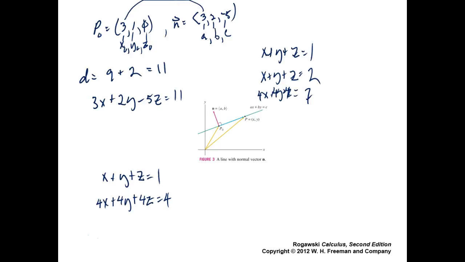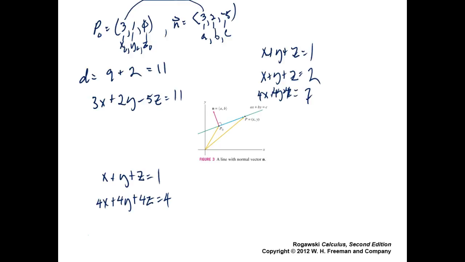Now, think back to your line example we just had. All you had to do was change the y-intercept, but keep the slope the same. They all would have had the same normal vector. It's just ax plus by is equal to c. That could be one c, another c, another c. All you're doing is changing c, and those are parallel lines.